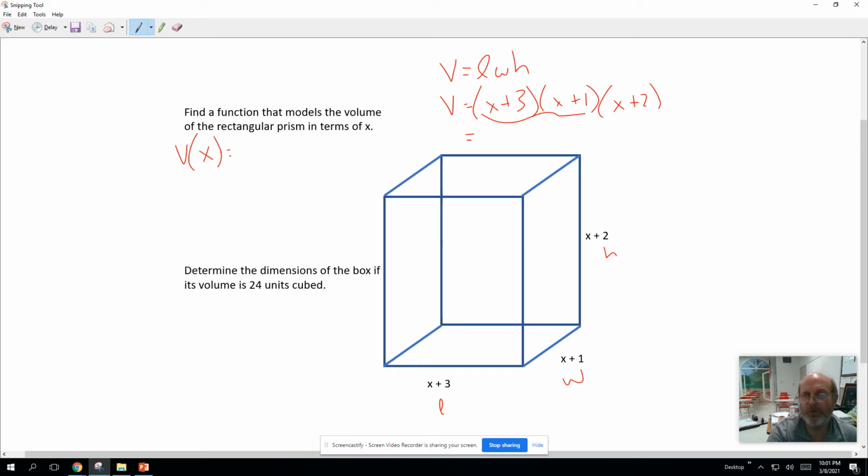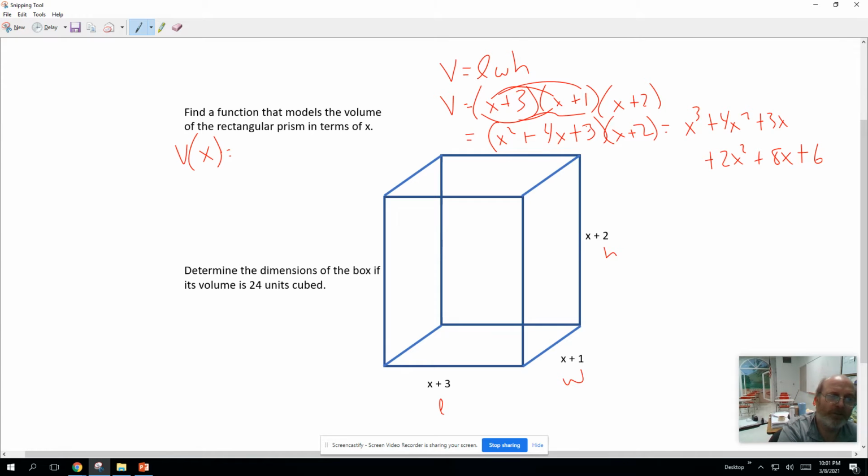Multiplied out. So we'll multiply two of these together first and we'll get x squared, then x plus 3x makes 4x, and then plus 3 times 1 makes 3. And now we're going to multiply that by x plus 2. We'll multiply x times everything there, and that's going to give me x cubed plus 4x squared plus 3x. Then we multiply the 2 times everything there and get plus 2x squared plus 8x plus 6.